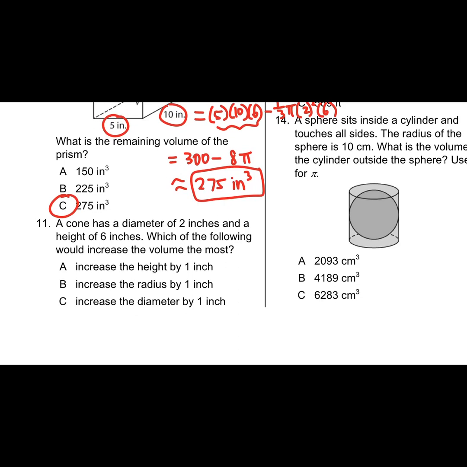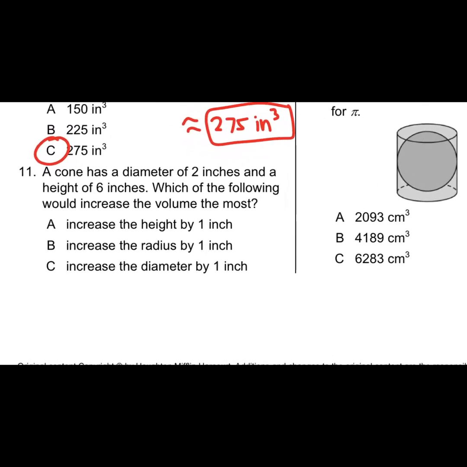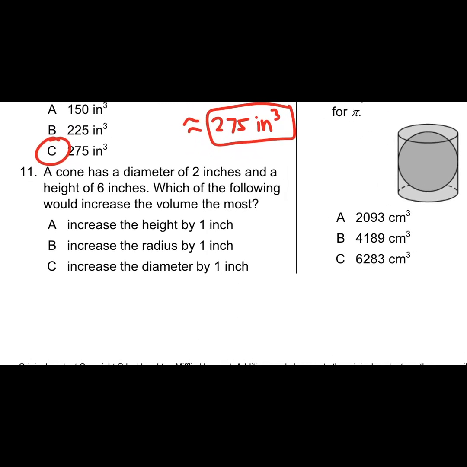Number 11. A cone has a diameter of 2 inches and a height of 6, which means the radius is going to be 1 inch. That's half of 2. Which of the following would increase the volume the most? The answer choice is going to be B. If we increase the radius by 1 inch, that is going to give us the most.